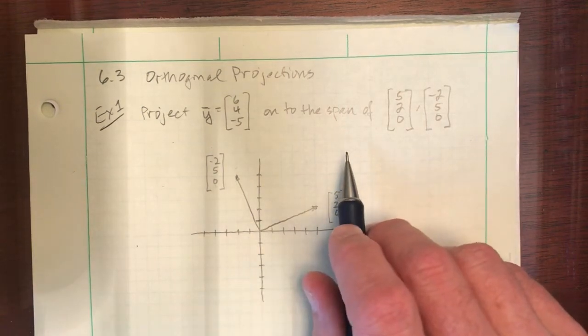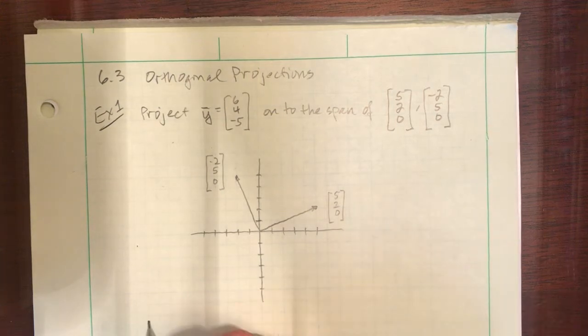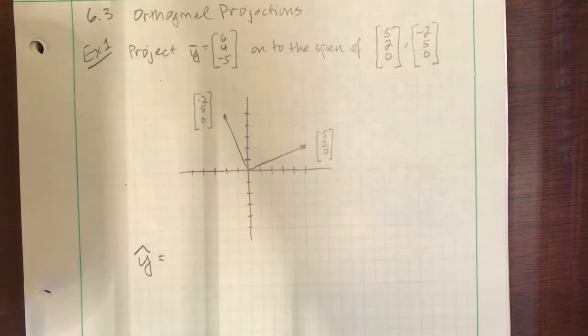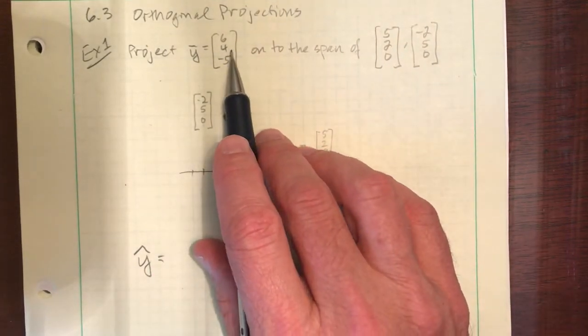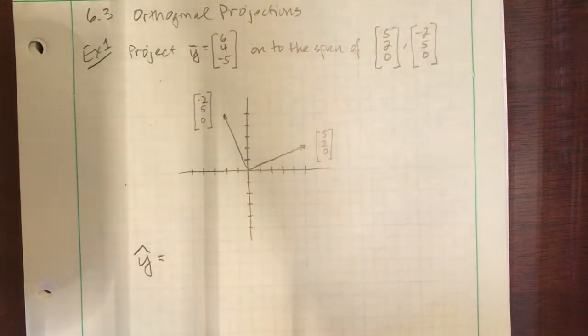So this is what we call y hat. And y hat is just a series of projections of y onto each of these separate vectors.